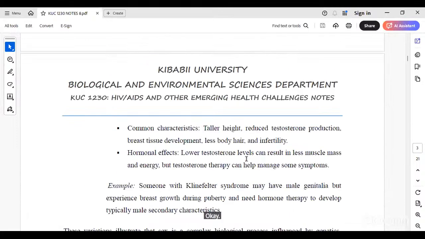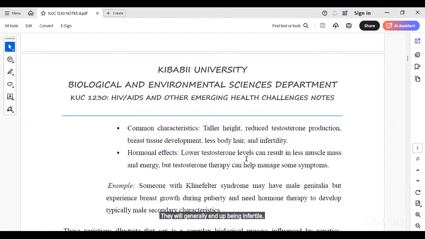The common characteristics will be, they will be fairly tall. They'll have a reduced amount of testosterone, which is a hormone. Then they will have breast tissue development. They will generally end up being infertile.